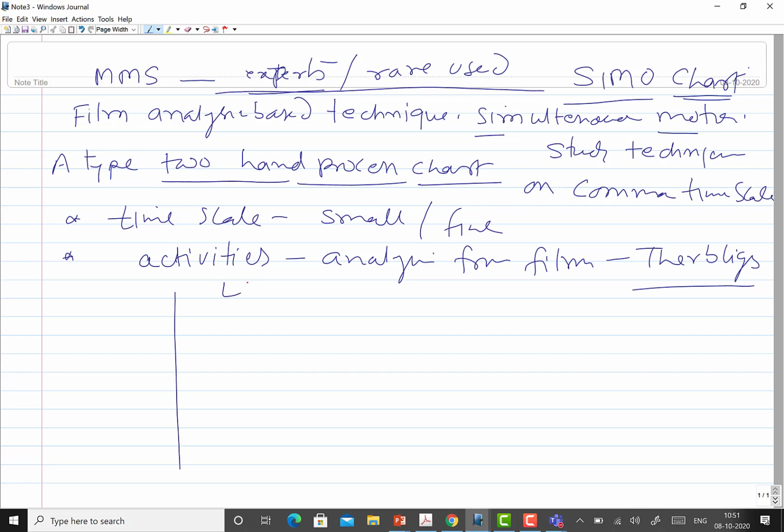So there is a left hand and a right hand, right? Here is a time scale. What is being done by the left hand, and what is being done by the right hand? They may be doing different things at different times as well.